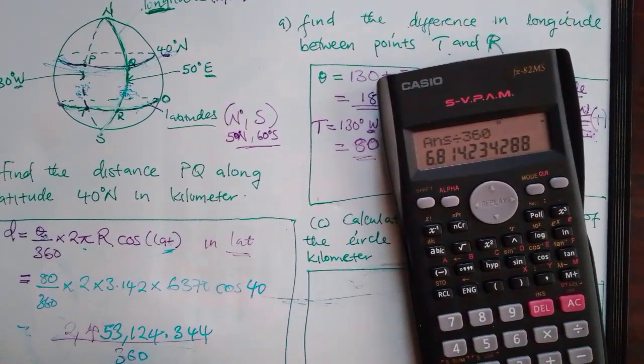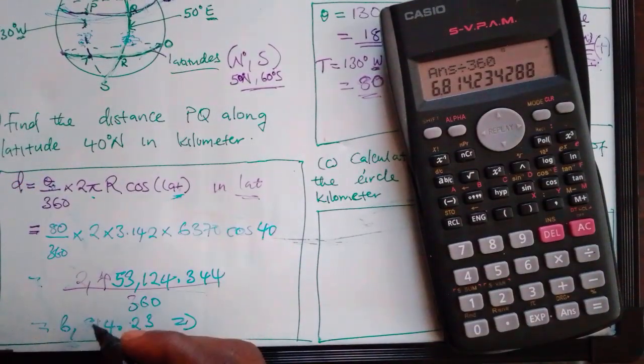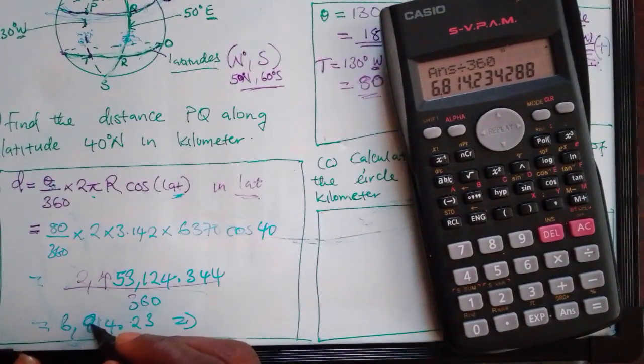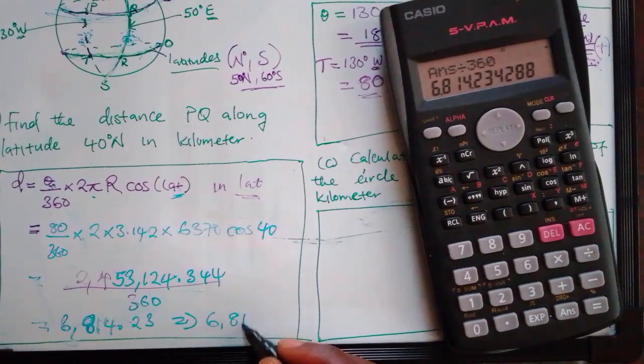6,814.23. But remember, in paper 2, there is an instruction which says leave your answer to 3 significant figures. So how can you leave this answer to 3 significant figures? So basically just count 1, 2, 3. So 3 significant figures, it's reaching here. So it says 6, 8, 1.